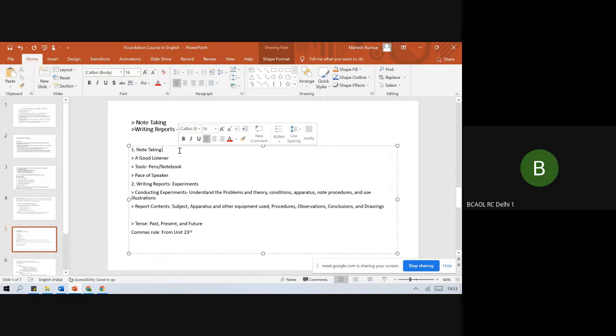Another important thing is that you have to catch the speed of the speaker. If the speaker is speaking very fast or slow, based on that speaker's way of speaking, you have to match the pace of the speaker. So that is the common thing you have to be prepared for while taking note.